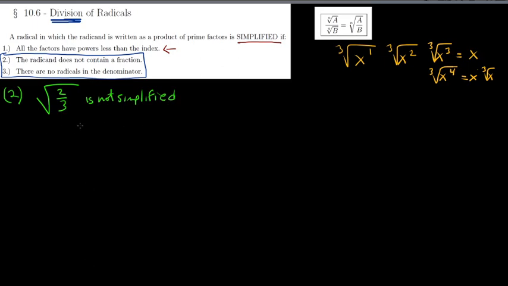So you cannot have a fraction underneath the square root or cube root and so on. That's what rule 2 says. Rule 3 says you can't have radicals in the denominators.